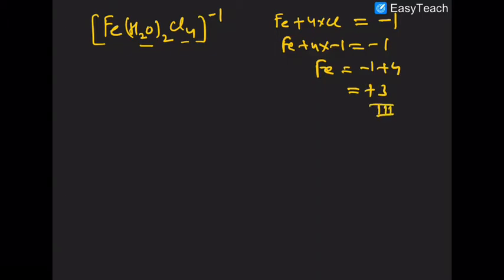So it is 3 now. Because it is an anionic complex, the name of the metal should be in the Latin form, and the name should end with the word ate, like zincate, ferrate, chromate, plumbate, nickelate, cuprate, like that. Okay.